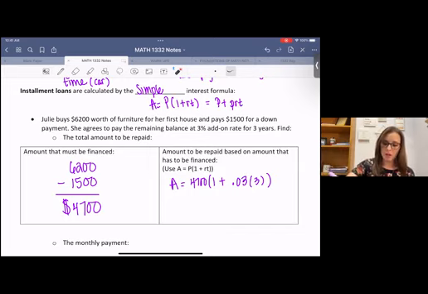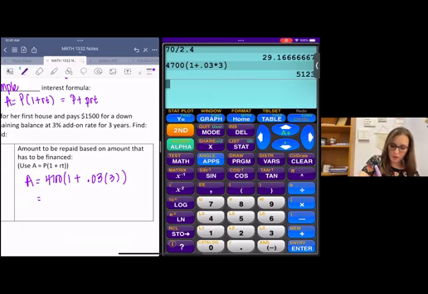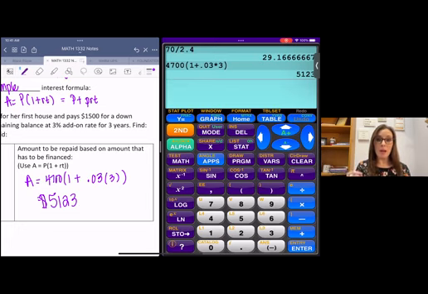Anyway, moving on. So now we can calculate this. Whoops, wrong tool. There we go. And we get $5,123. So that would be her ending amount after she's taken out this loan. That would be what she ends up paying for that furniture plus that down payment that she put down at the beginning.